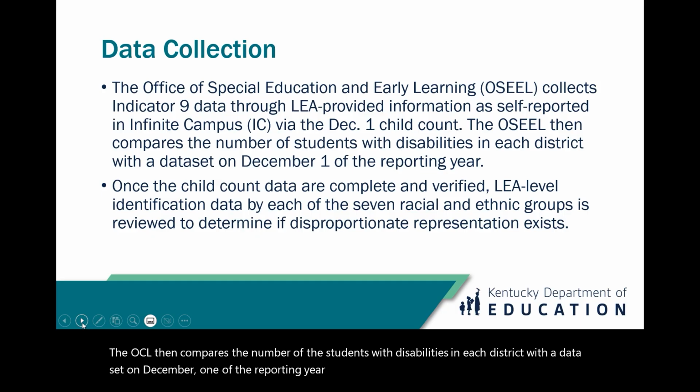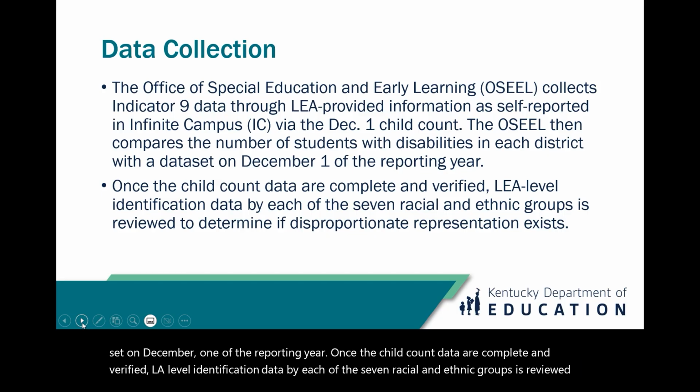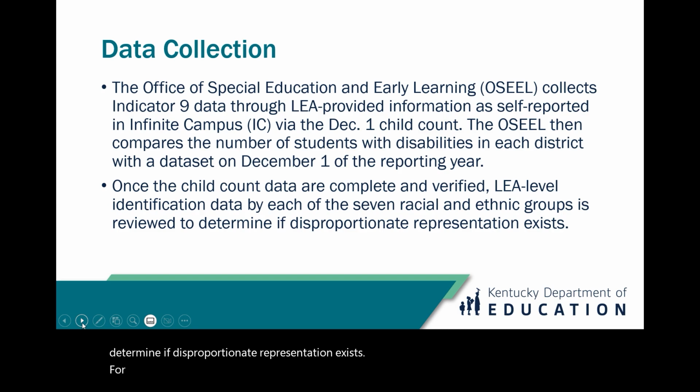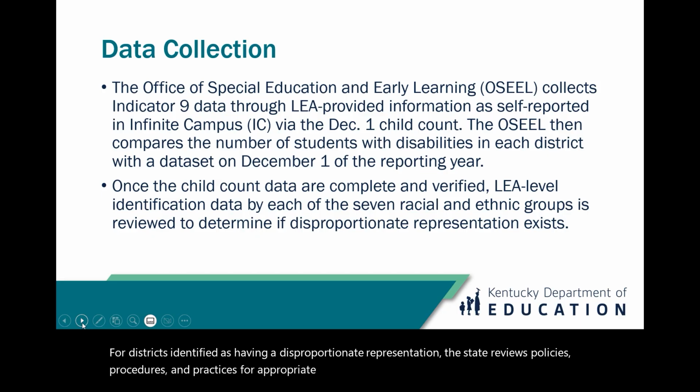Once the child count data are complete and verified, LEA level identification data by each of the 7 racial and ethnic groups is reviewed to determine if disproportionate representation exists. For districts identified as having a disproportionate representation, the state reviews policies, procedures, and practices for appropriate identification of students with disabilities.